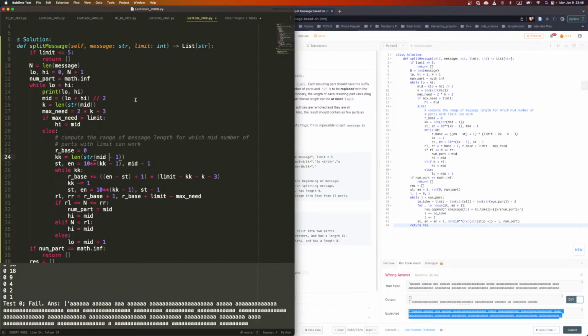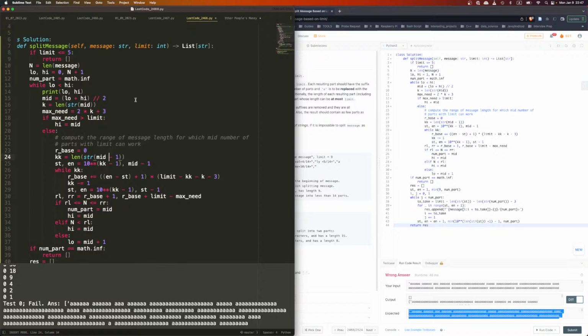So the only time it doesn't work is when mid is equal to 1. So if mid is equal to 1, then we cannot do it this way. If mid is equal to 1, what shall the n be?